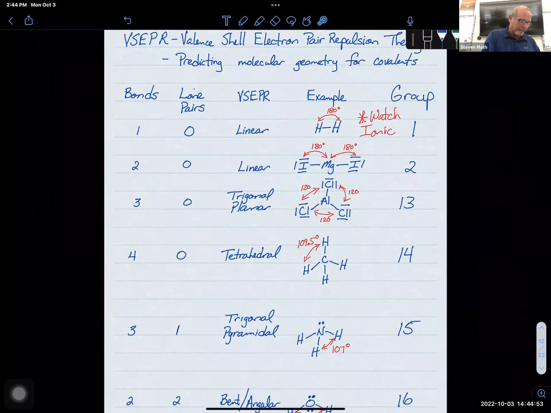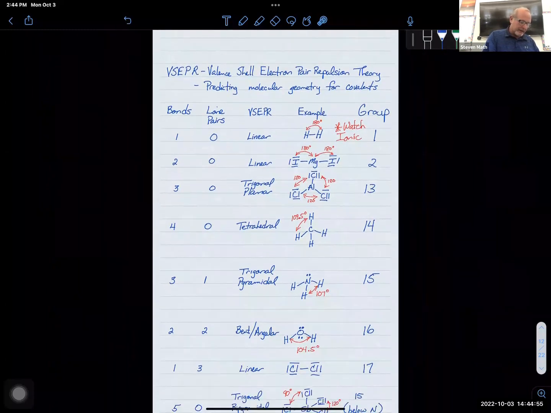And so here's another piece of data that helps us. We just, in the last video, did molecule polarity. And in this video, we did VSEPR structures, molecular geometry.